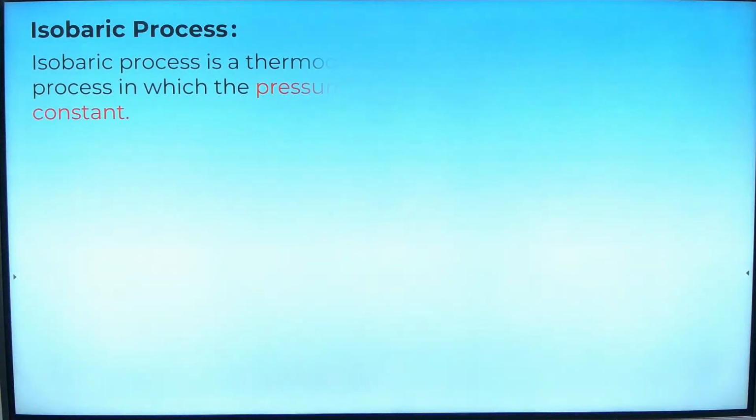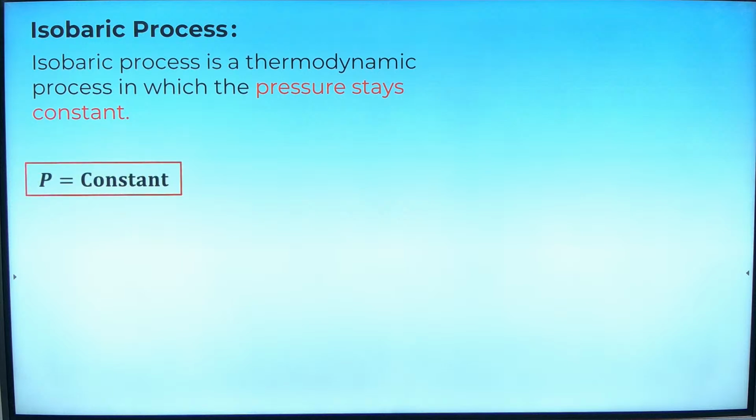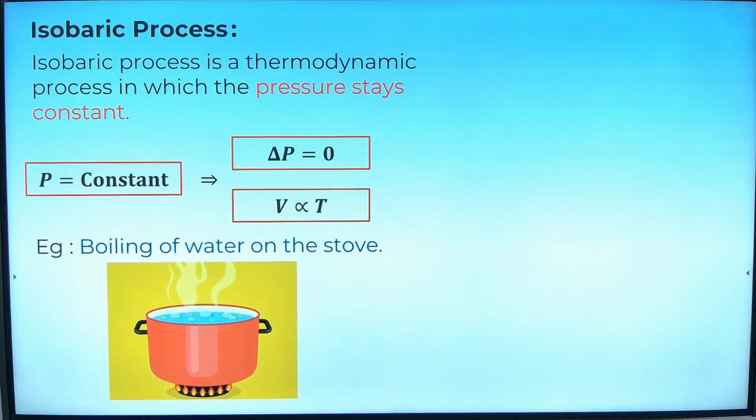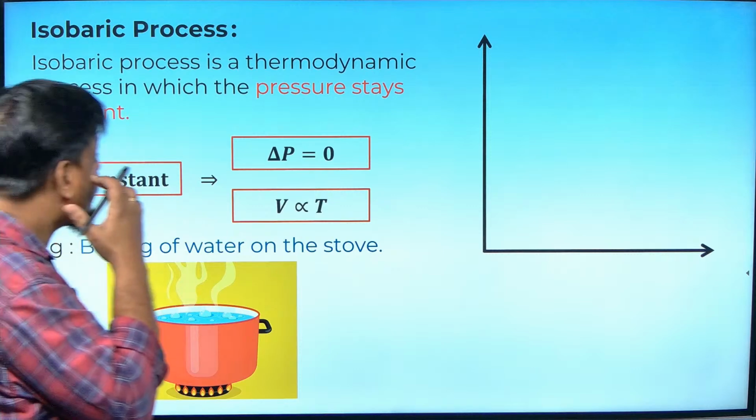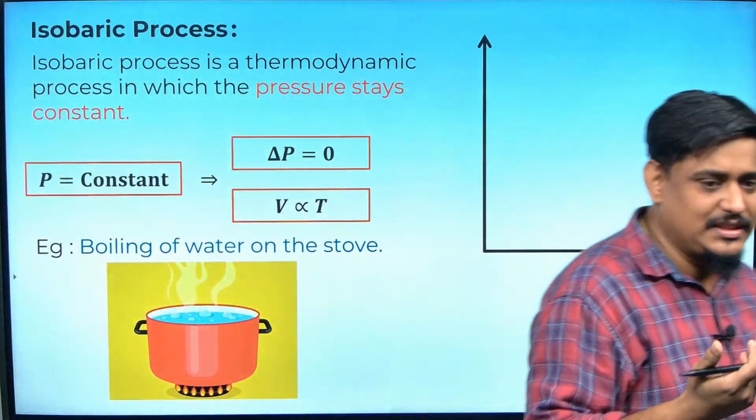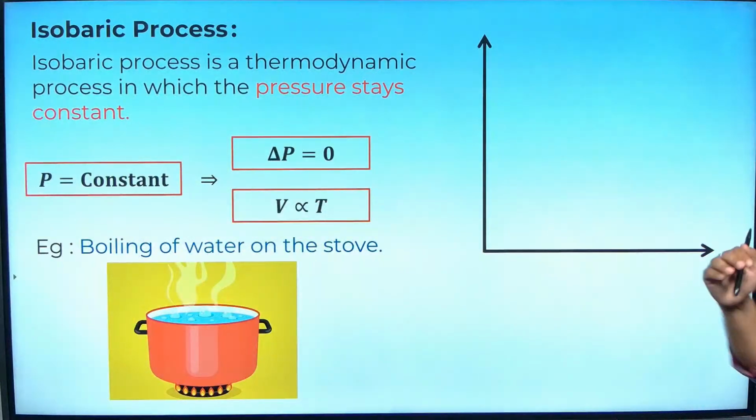So isobaric process, what I told you, is a process where the pressure stays constant. So if the pressure is staying constant, then there is no change in pressure. An example I am giving, what is the example of isobaric process? It is boiling of water on the stove, where the pressure stays constant, because see, atmospheric pressure is acting on it, right?